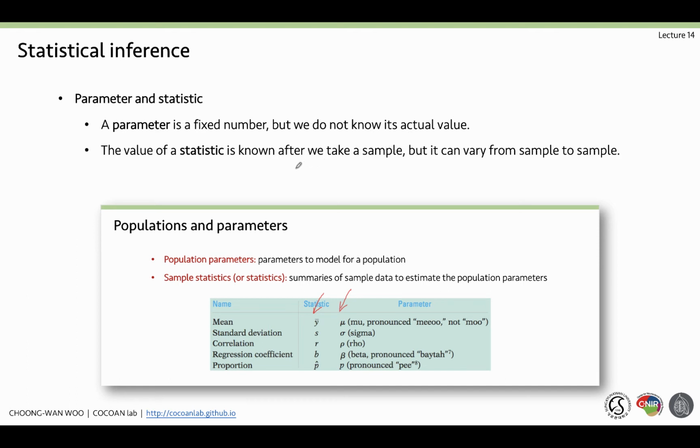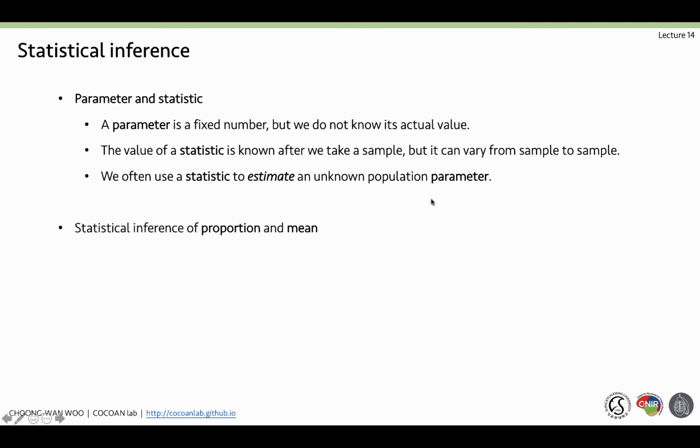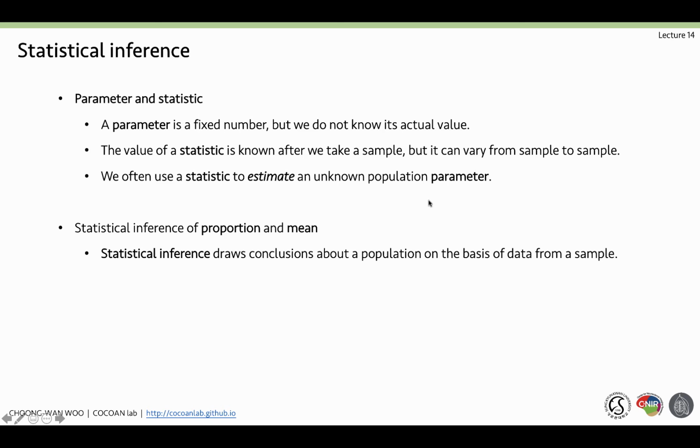So the value of the statistic is known after we take the sample. It's about the sample, and it can vary from sample to sample. And we often use this statistic to estimate an unknown population parameter. That's all about statistical inference. And we are going to learn about statistical inference of proportion and mean.